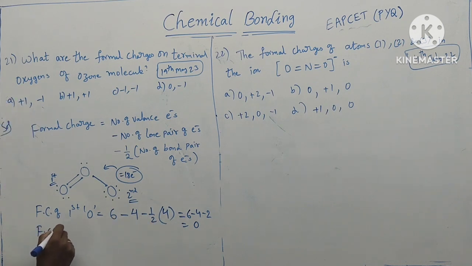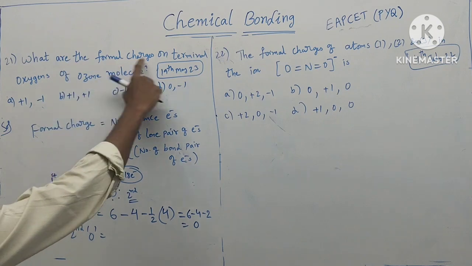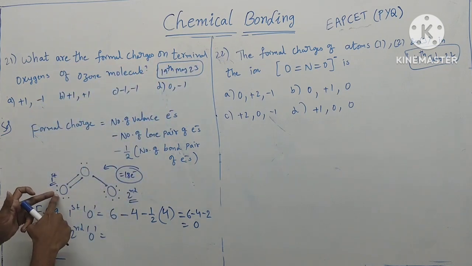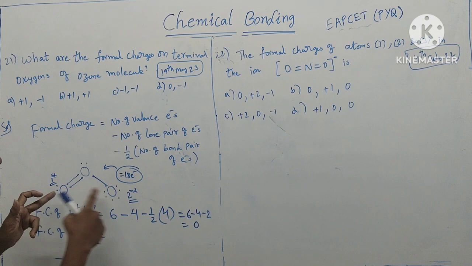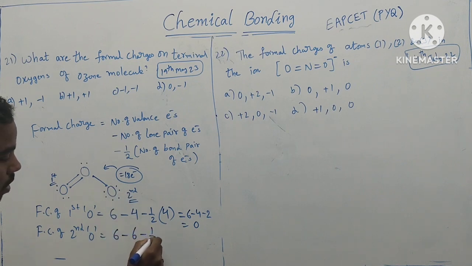Formal charge of the second oxygen atom. Why only the second oxygen? Because we find the formal charges on the terminal oxygens. For the 2 terminal oxygen atoms we calculate the formal charges. So the formal charge of the second oxygen atom is the number of valence electrons 6, minus the number of lone pair electrons 6, minus half into the number of bond pair electrons 2.